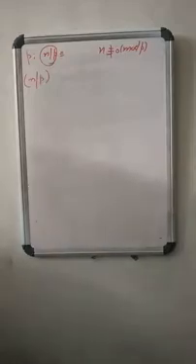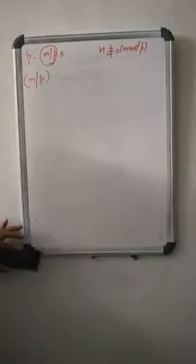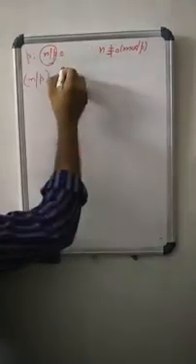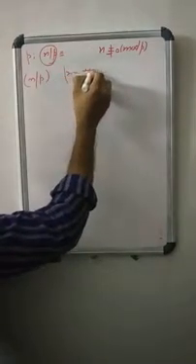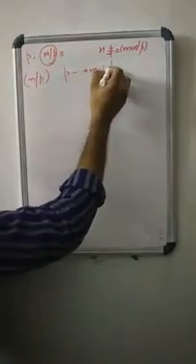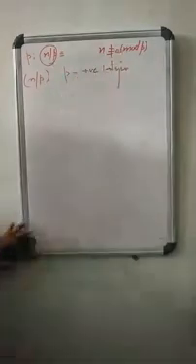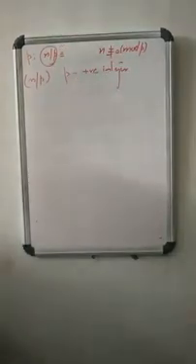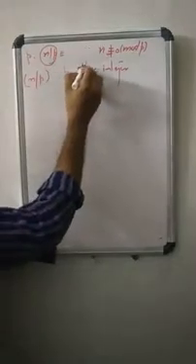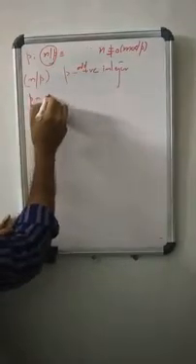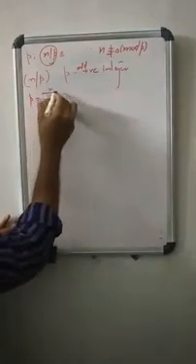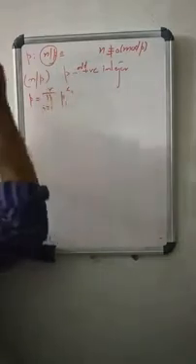How is it defined? Let p be an odd positive integer, not a prime, with prime factorization p equals product i ranges from 1 to r of p_i power a_i.